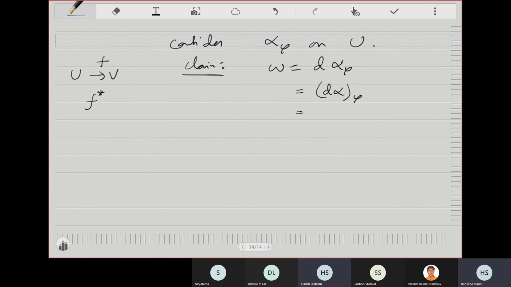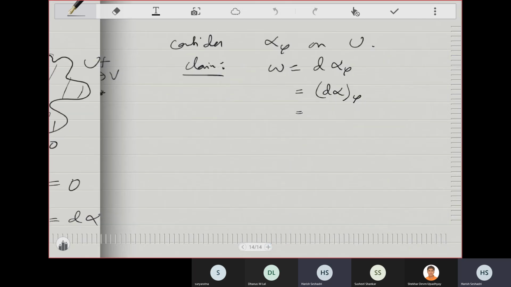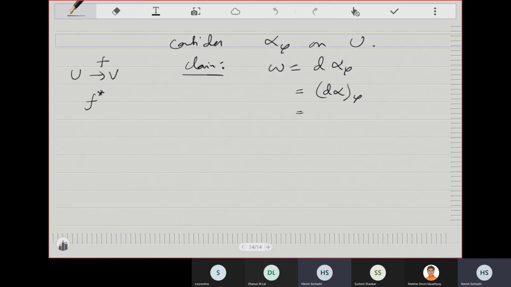Have I written it correctly? Omega. So what I got was this equal to this. Oh, right. So then I take phi of this. Yeah, this is correct. This is d alpha phi. What I wrote is correct. That's fine. But for omega, the idea is to write omega equal to phi inverse and then phi.